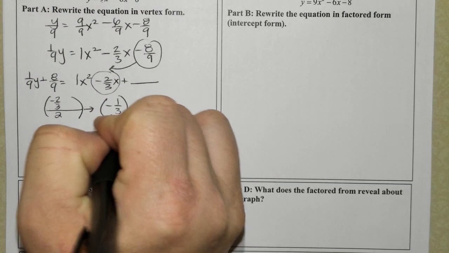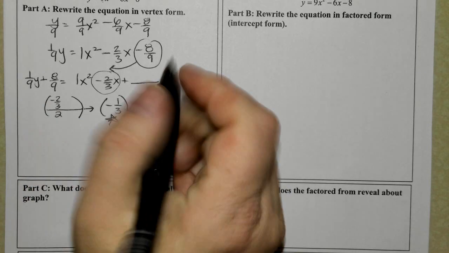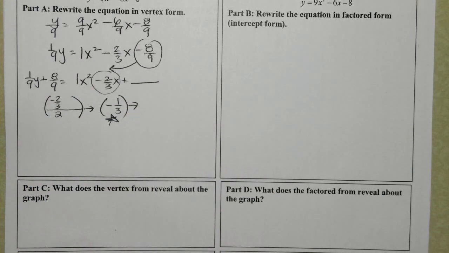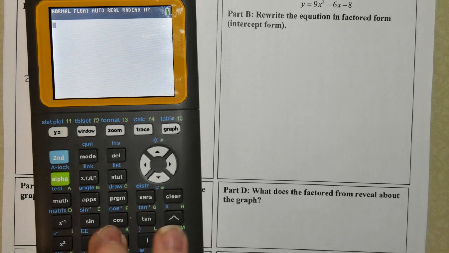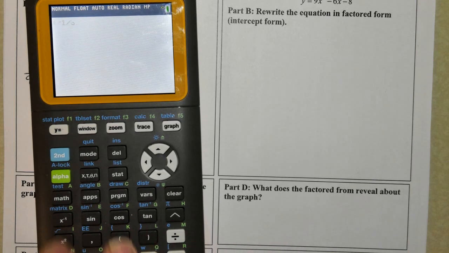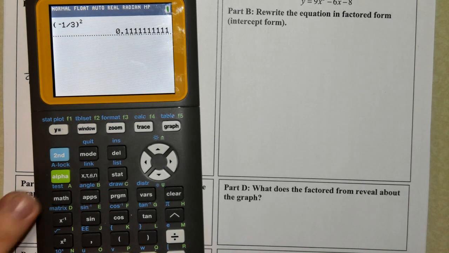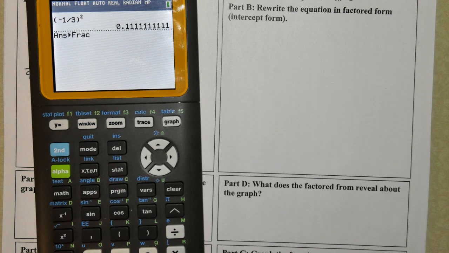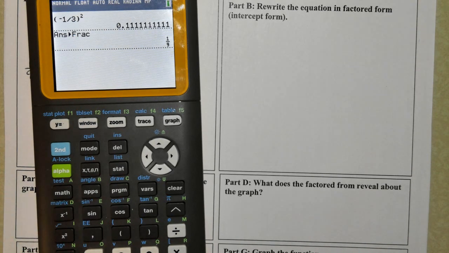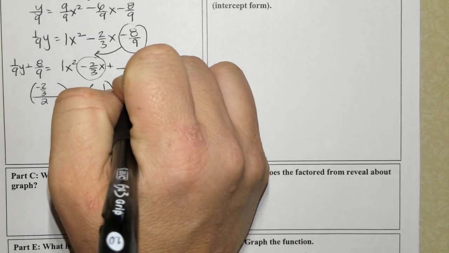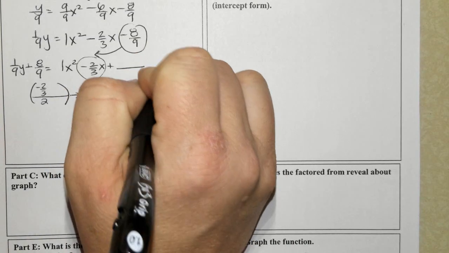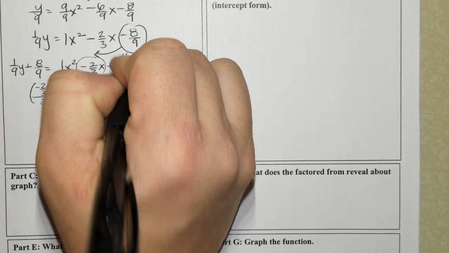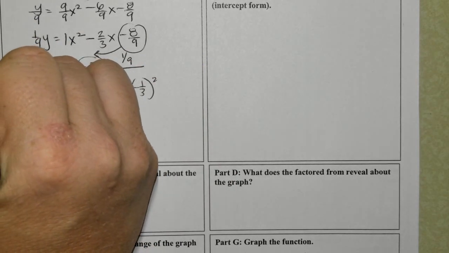Put a star underneath that. That's going to make our life a little bit easier. Now when I square that, I could put it in parentheses, or I could just do it using mental math. -1/3 squared, and I put it back into a fraction, is 1/9. So I'm going to add 1/9 to both sides. Plus 1/9, plus 1/9.